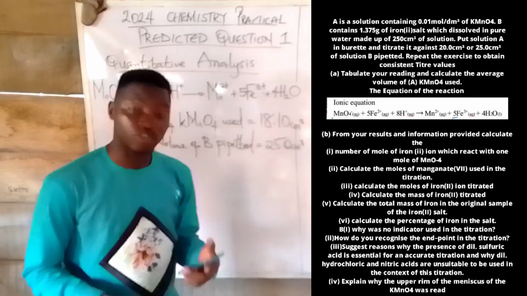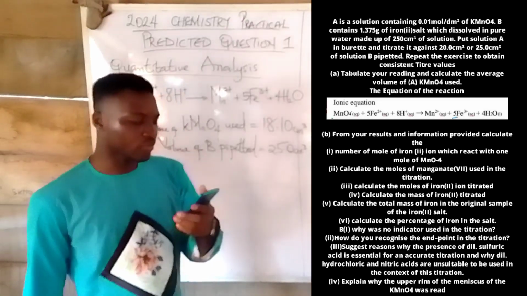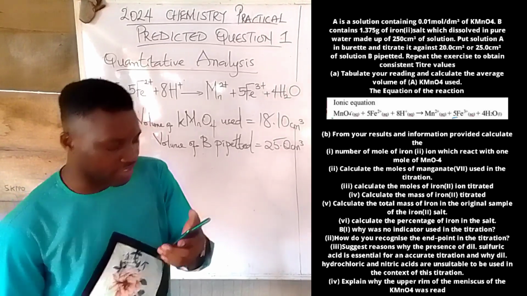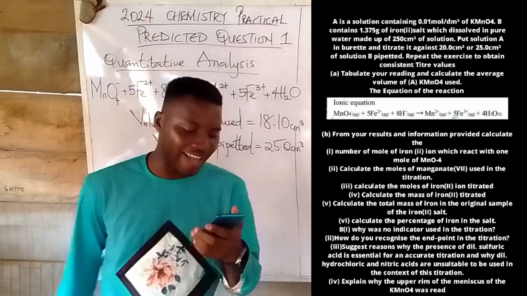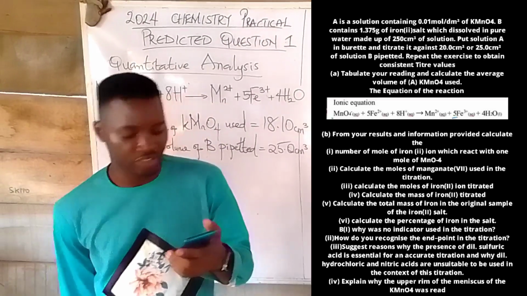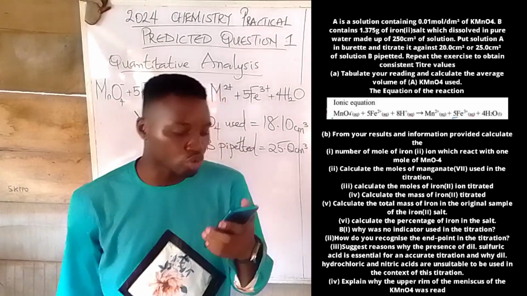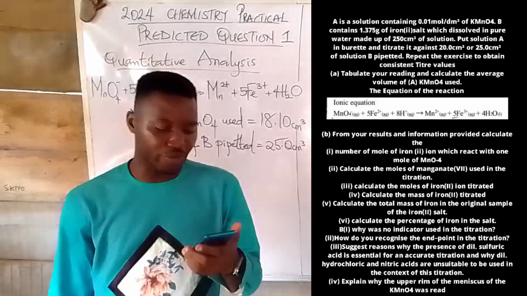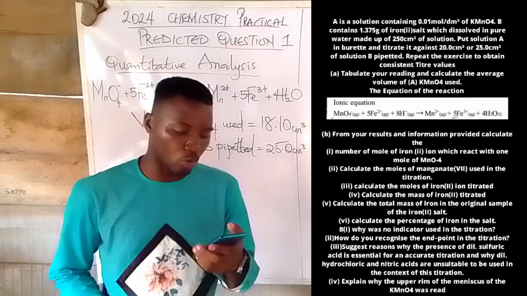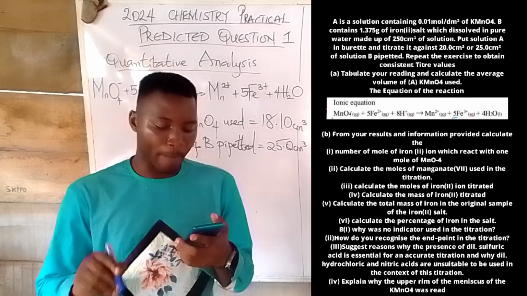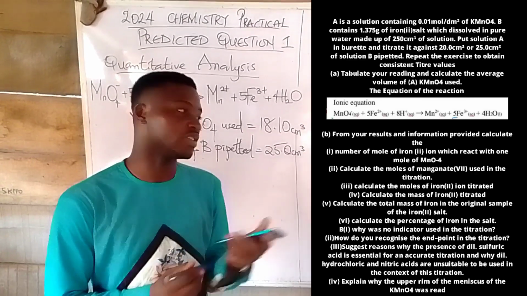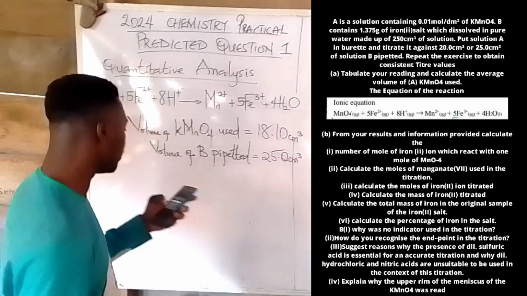So let me quickly go straight to the question. Question B says that from your results and the information provided, calculate the number of moles of iron 2 which react with 1 mole of manganese dioxide.